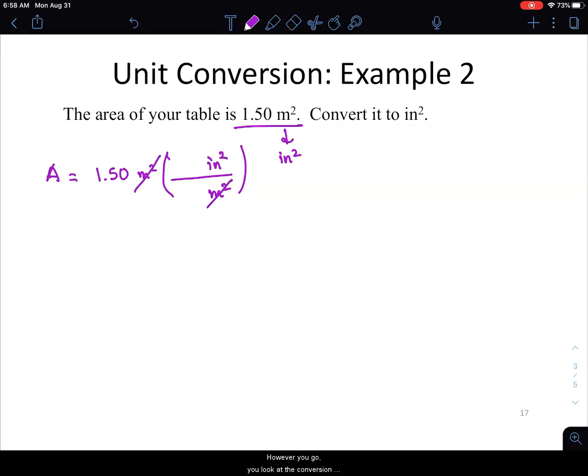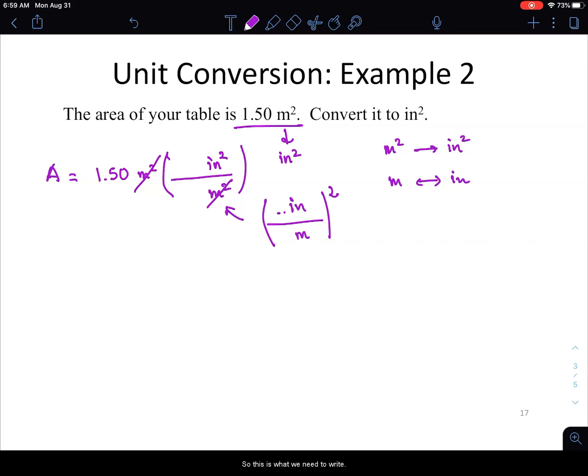However, if you look at the conversion factors table, you won't see meters to inch square like that. You see something like meters to inch and vice versa, right? But you notice that this can be written as whatever the number is, meters, the whole thing square, right?